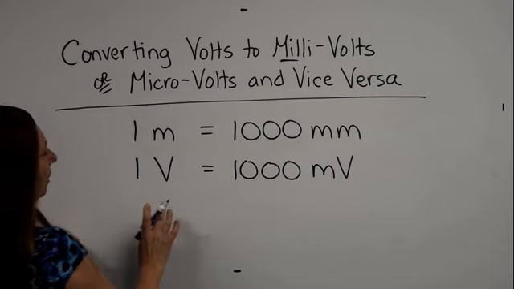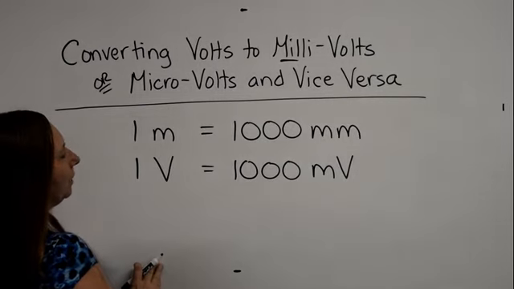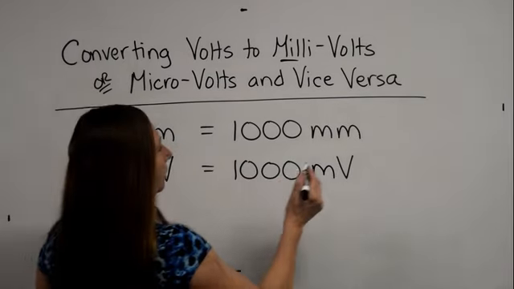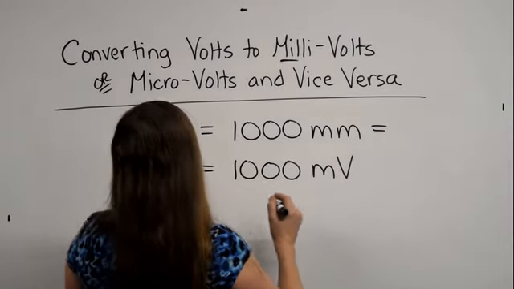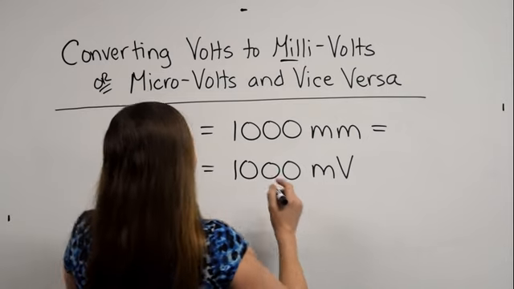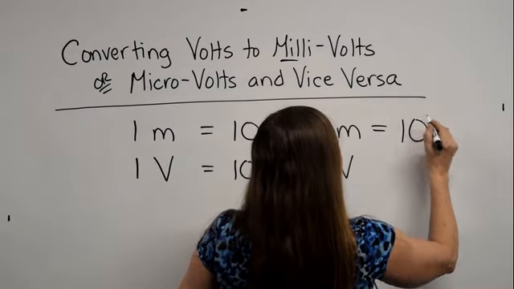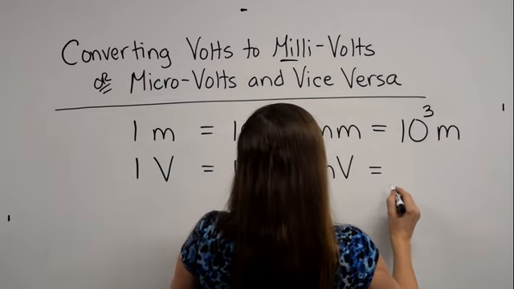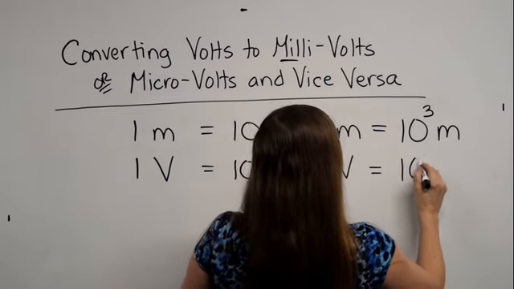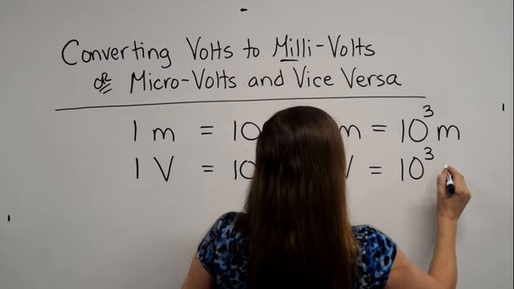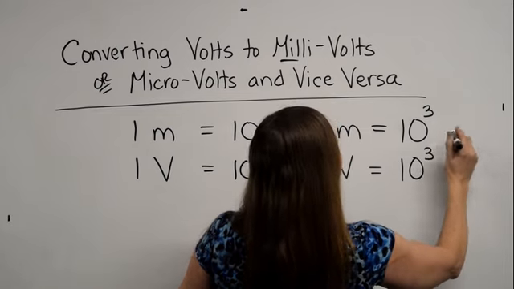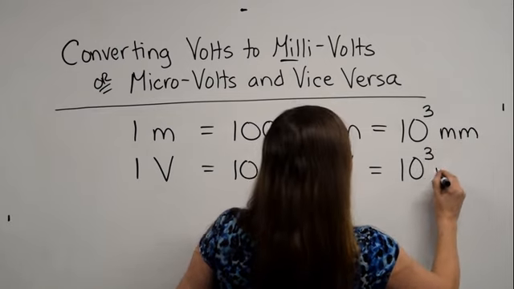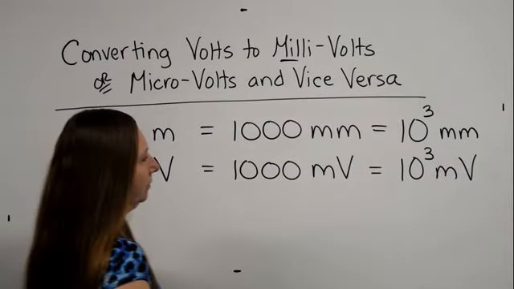That's good so far. Now, what about micro? Actually, no, let's look at this in a little more depth for just a minute. So this would be 10 to the third meters, or 10 to the third millimeters, or 10 to the third millivolts.